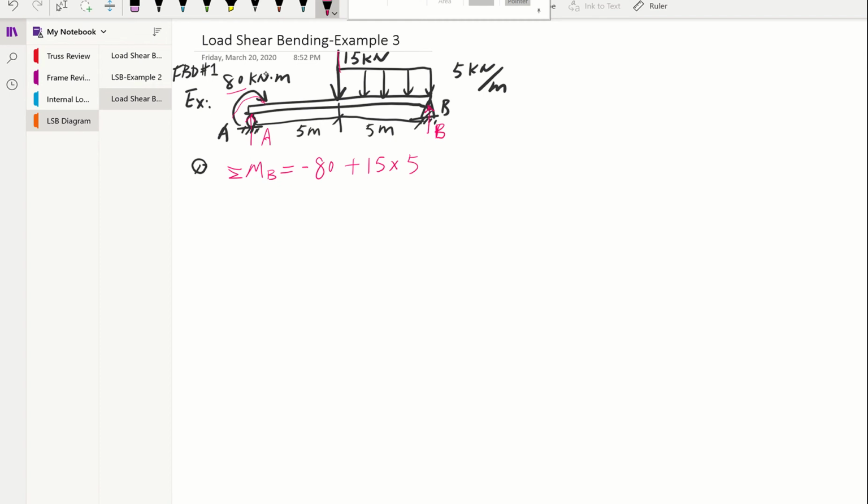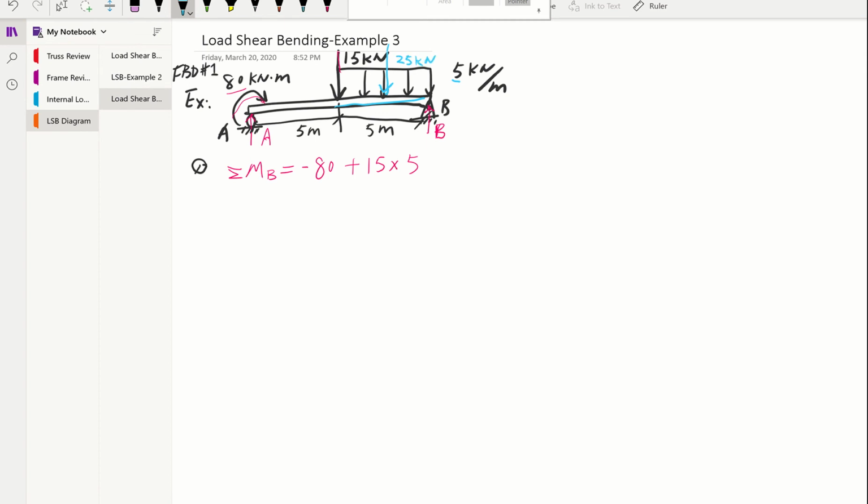Then we have this distributed load. We're going to find its equivalent, which is the area, 5 times 5, right? The base is 5 and the distributed load intensity is 5. That's going to be right in the middle since it's a rectangle. So that's going to give us 25 kilonewton.